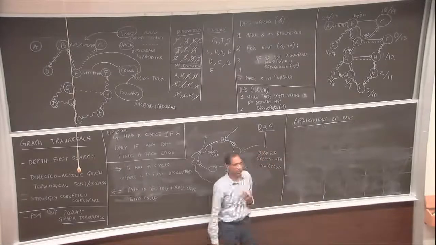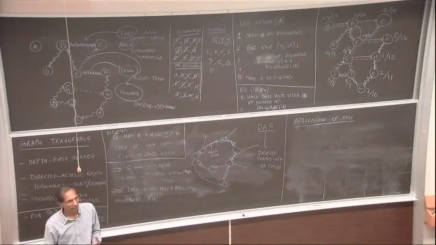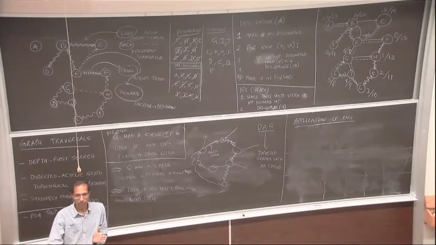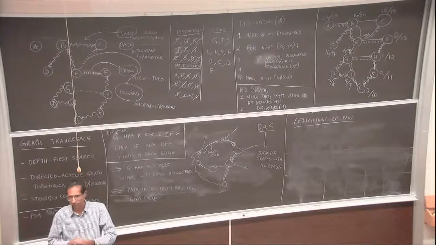The most canonical application of DAGs is that, if there are no cycles, they capture precedence relationships. That is, in order to do this, I need to do this before that. In order to do that, I need to do this before that.